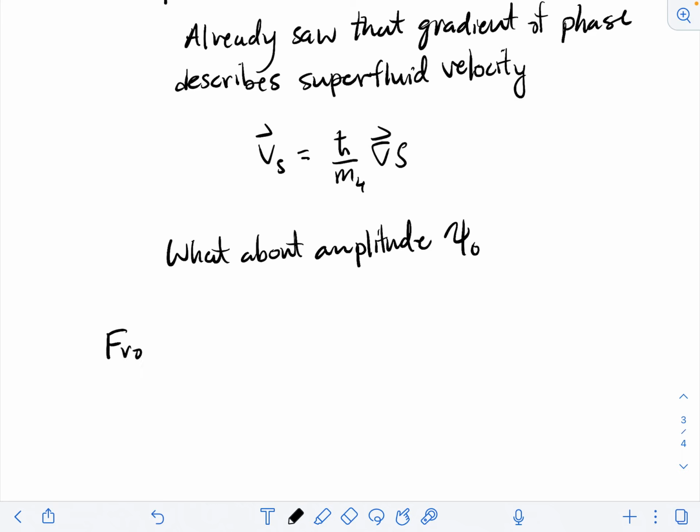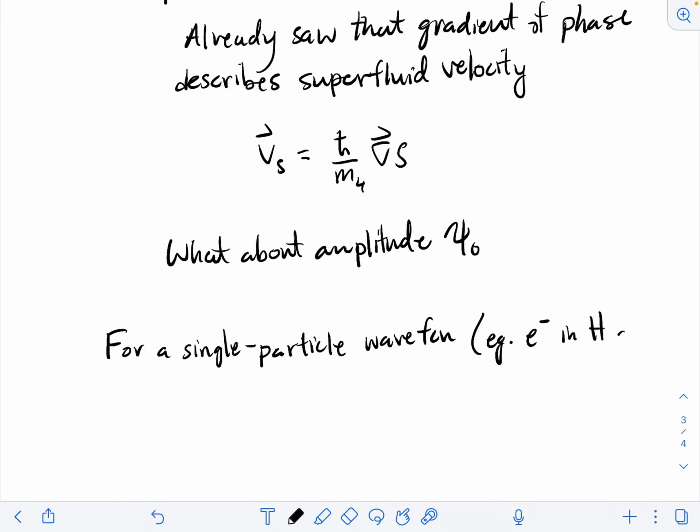And so let's think of a single particle. So we write down a wave function for a single particle. This could be, for example, the electron that surrounds the nucleus of a hydrogen atom. So an electron going around a proton. So for a single particle wave function, our example we might keep in mind is the electron in a hydrogen atom.